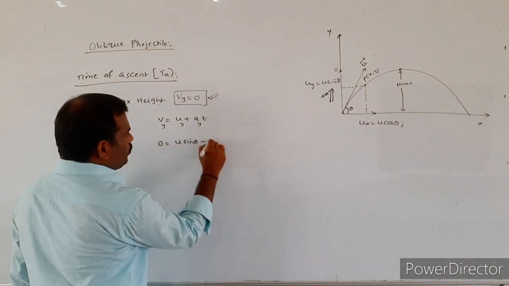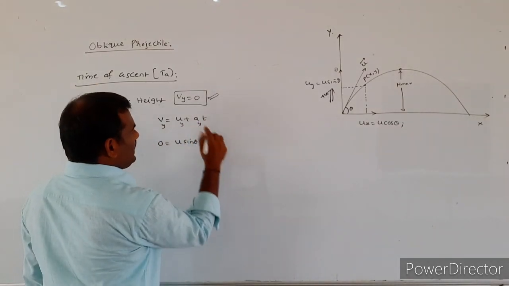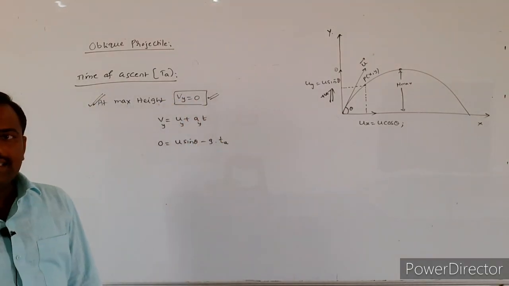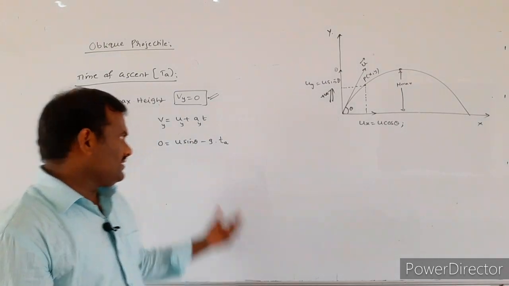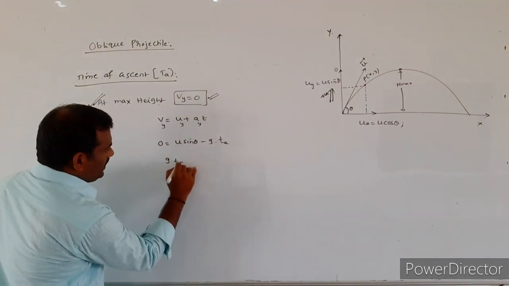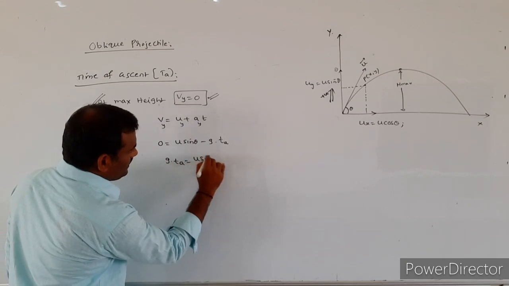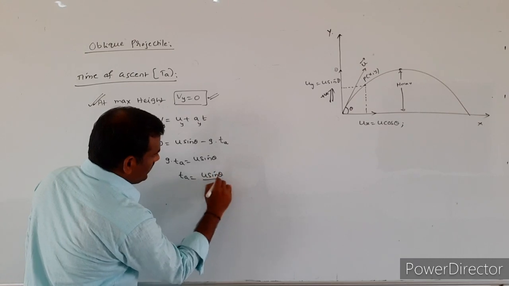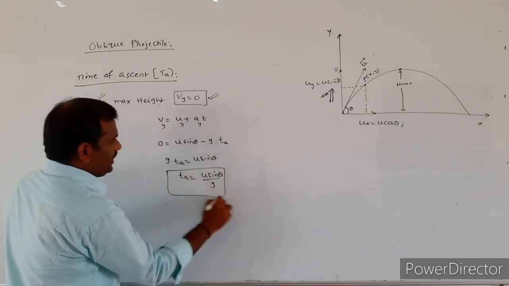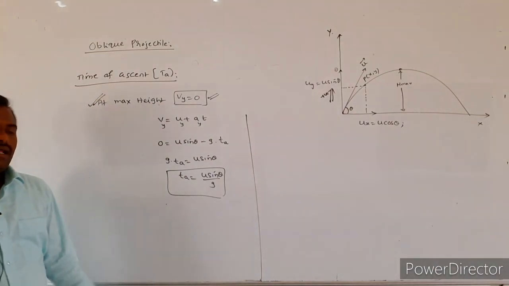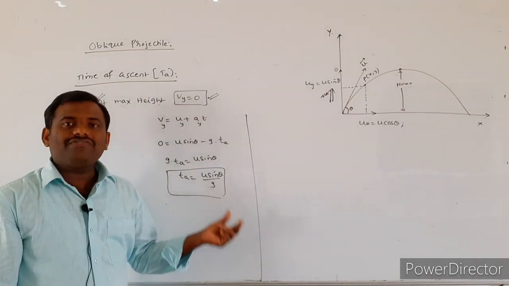Ay is minus g, and T we indicate with Ta, the time of ascent. So g into Ta is equal to U sin theta, and Ta is equal to U sin theta by g. This is the expression for time of ascent.